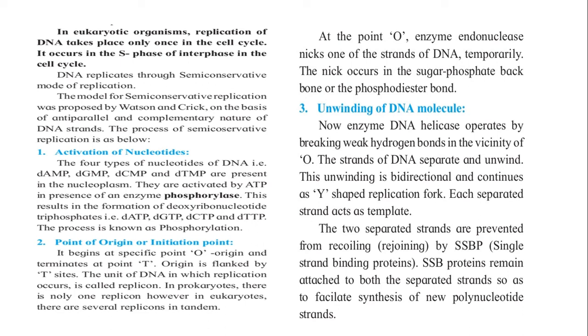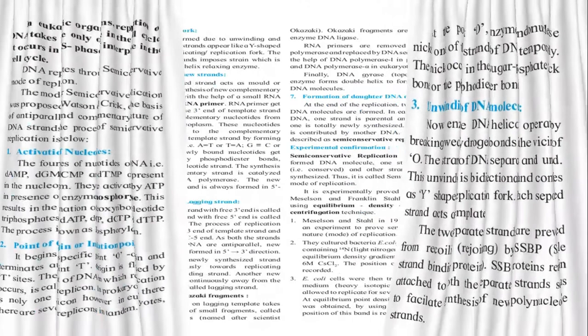Each separated strand acts as a template. The two separated strands are prevented from recoiling. Single strand binding proteins, SSB proteins, remain attached to both the separated strands so as to facilitate synthesis of new polynucleotide chains or strands.